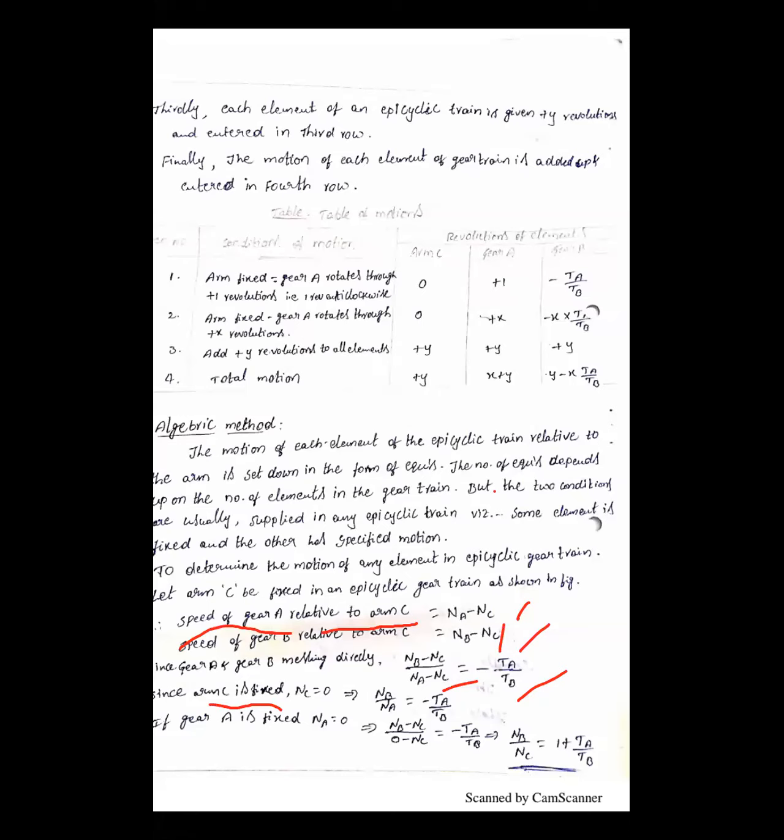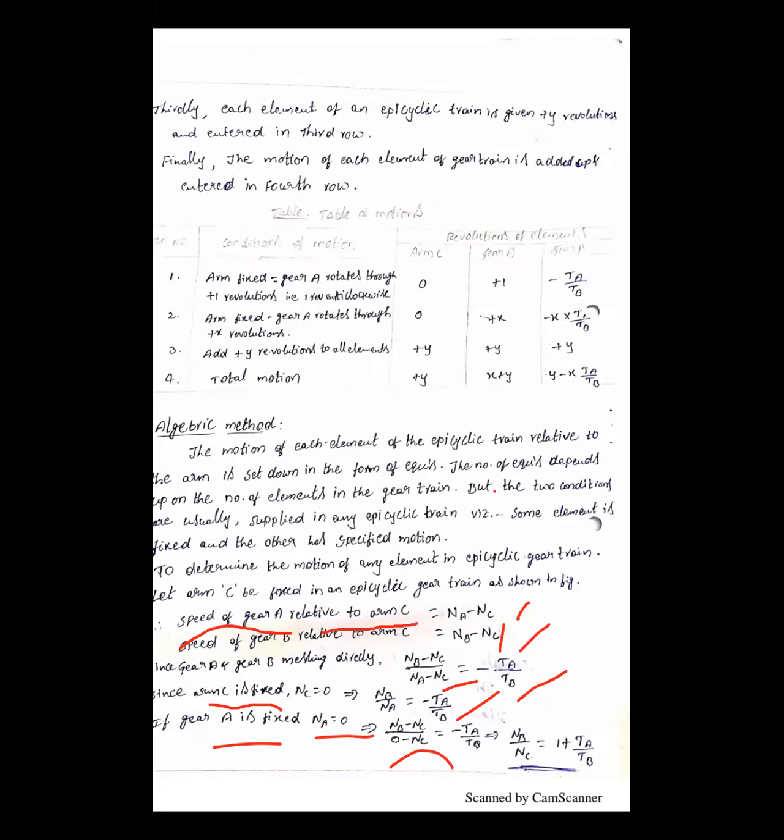Now in the second condition, sometimes gear A is fixed. When gear A is fixed, the basic equation becomes NB minus NC by 0 minus NC equals minus TA by TB.